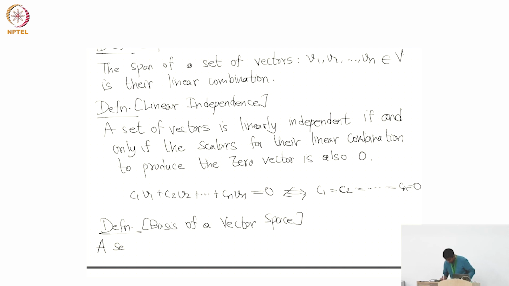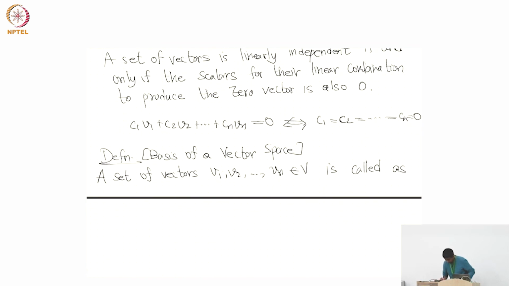A set of vectors in a vector space is called a basis if they span the vector space and are all linearly independent.